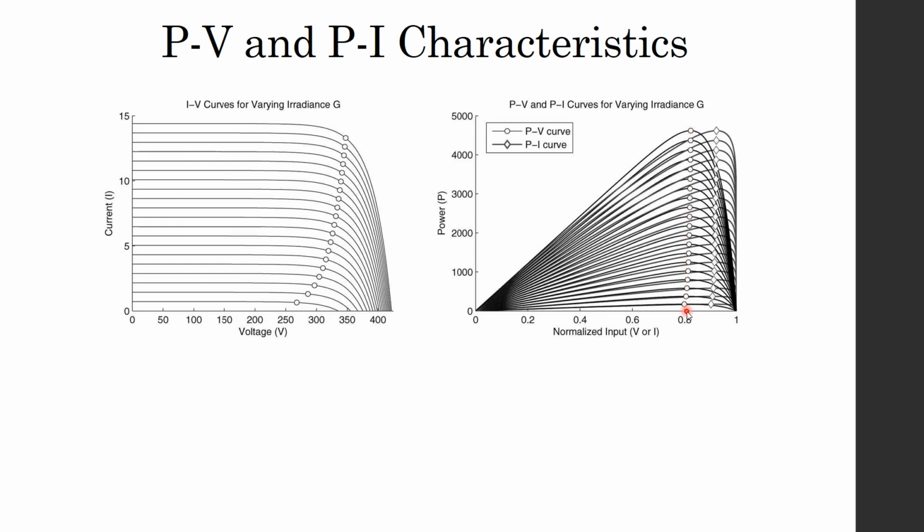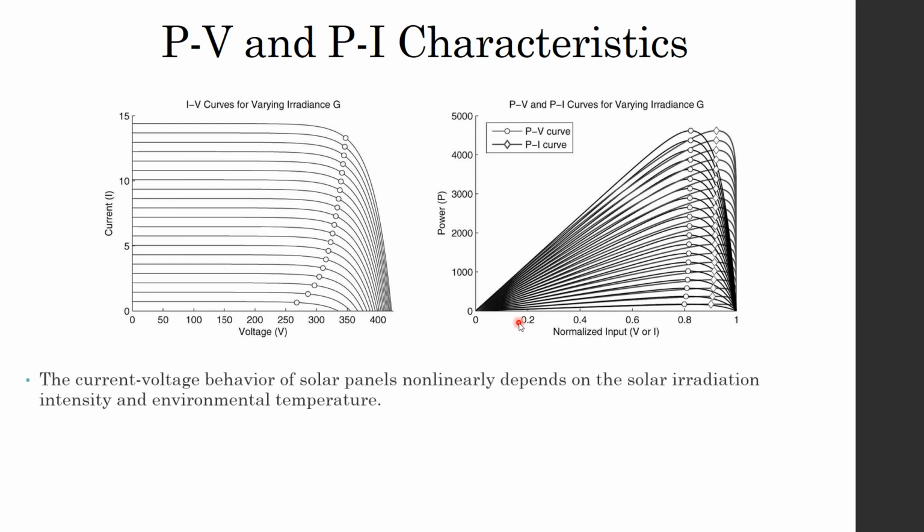And at the same time, for the same curve, for the same power here, we have a certain amount of current. So you understand from here that for producing the maximum power of the panel, we have a certain voltage and a certain current.